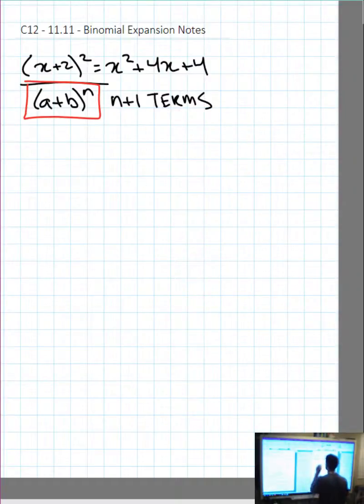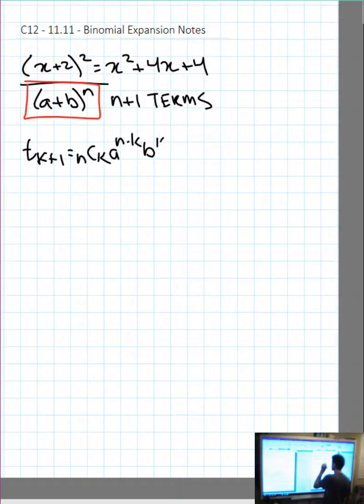And we're going to be using this formula, t_k. I'm going to write this off to the left. t_(k+1) is equal to nCk, proper notation, a^(n-k) b^k.